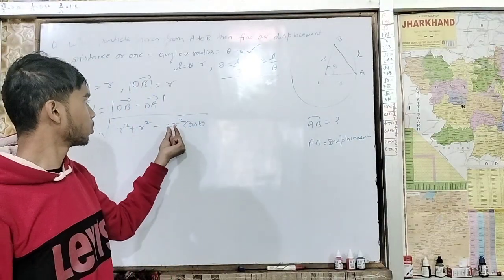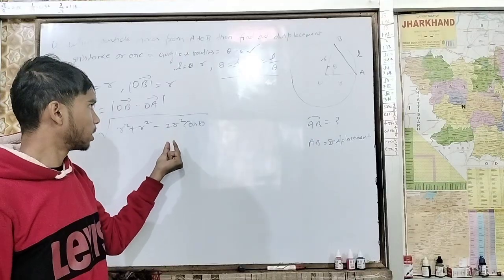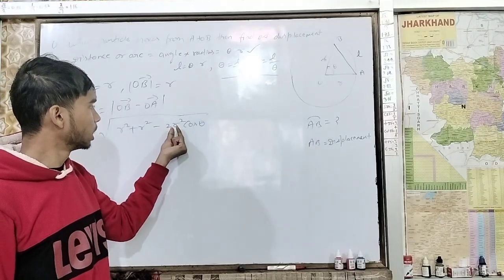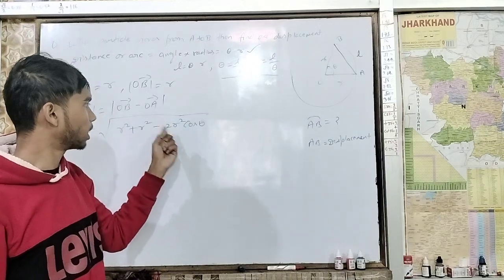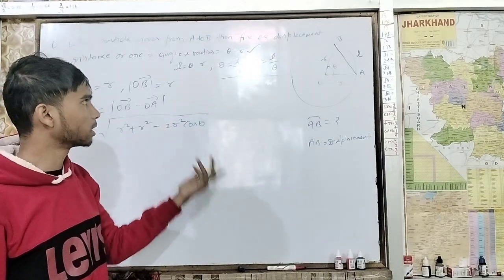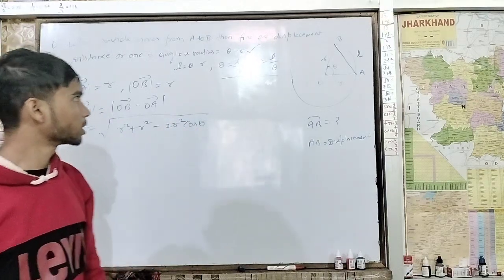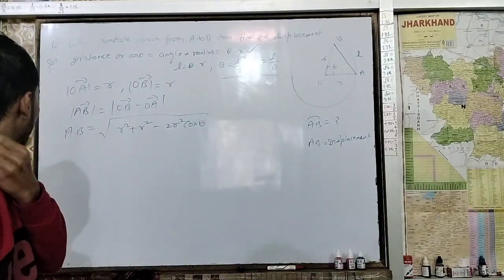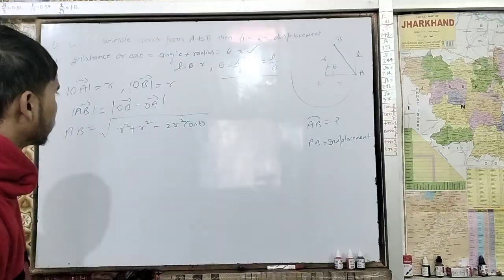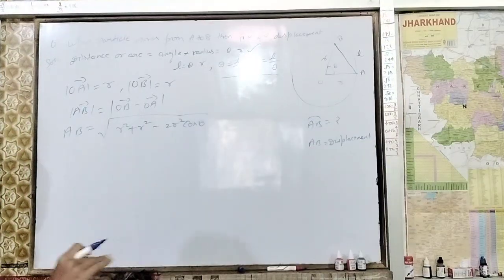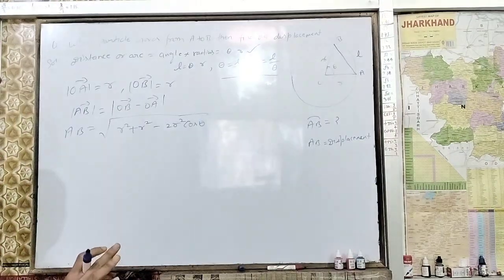Here this became 2R square because the 2 came from the formula, and here we have R multiplied by R, which becomes R square. Cos theta is for the angle, for the rotation part. There is a derivation behind this formula, but right now our focus is not on the derivation of this formula.